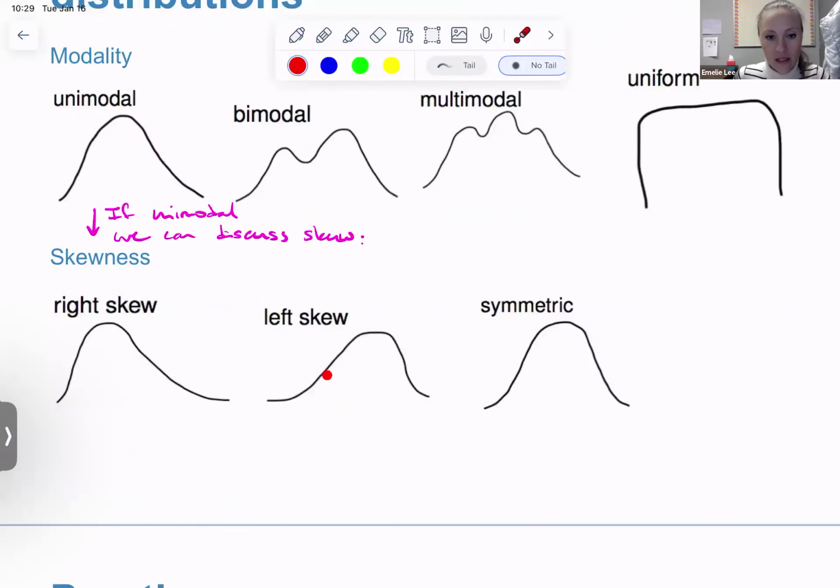Skewed to the right, skewed to the left. I don't know why these are so hideous, but that's okay. Skewed to the right, skewed to the left, symmetric around the mode.